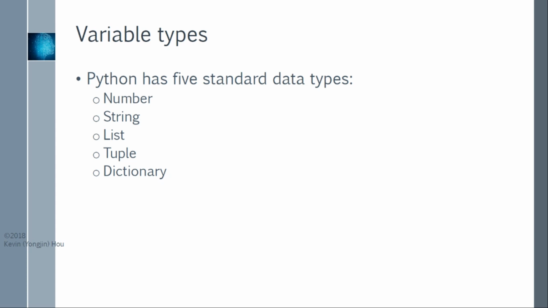There are 5 standard data types in Python, and they are number, string, list, tuple, and dictionary. Python makes it easy. You actually do not need to declare the variable's data type, because Python will determine the variable type when you assign the value to the variable.